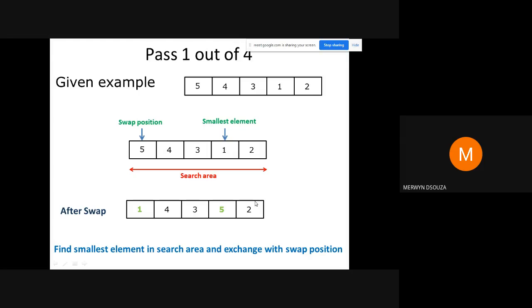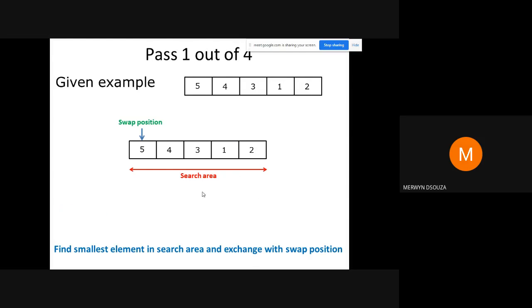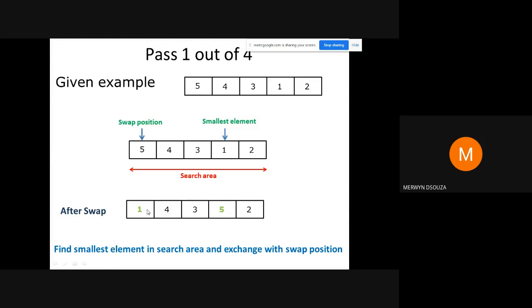Once you have done that, you go to the second pass or second iteration. For the second iteration, you take the output of the first iteration. You take the array you got after the swap as the input for the second iteration. You're no longer going to take the original array.